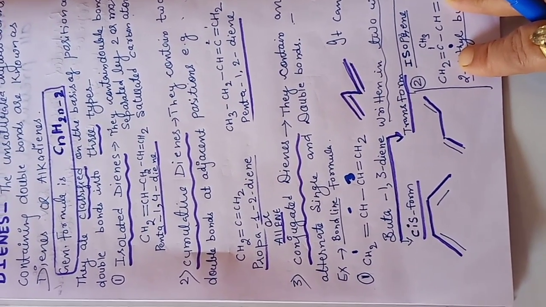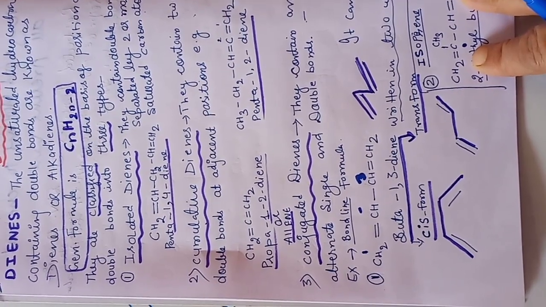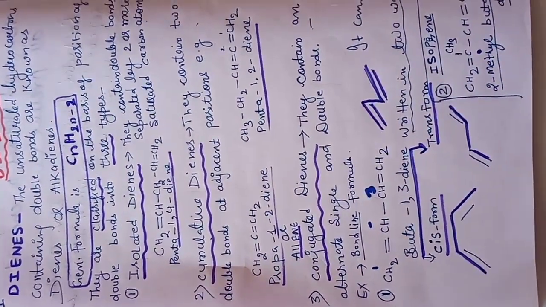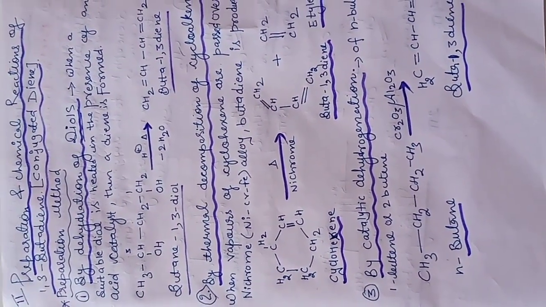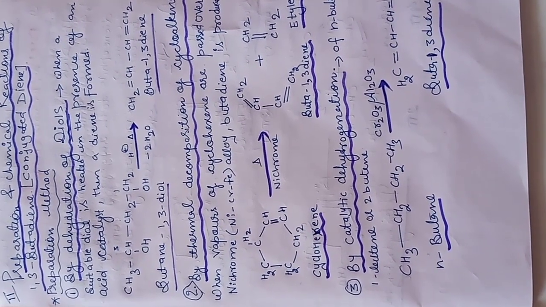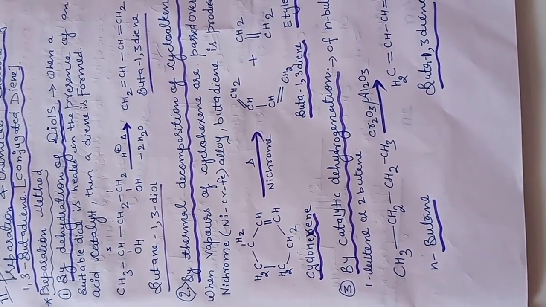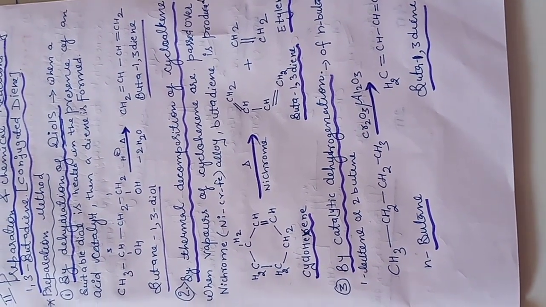Most important are the conjugated dienes, and we will study the details of 1,3-butadiene. Now let us see the preparations and the chemical properties of 1,3-butadiene. The first preparation method is the dehydration of diols.